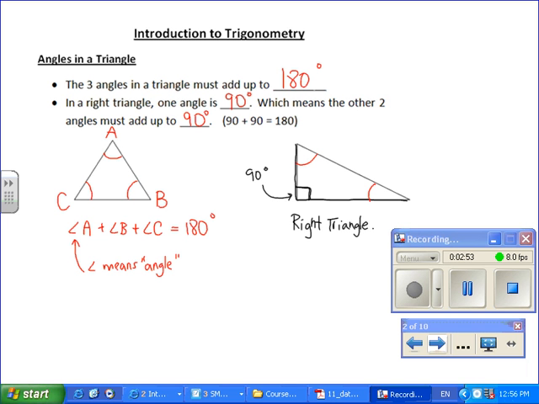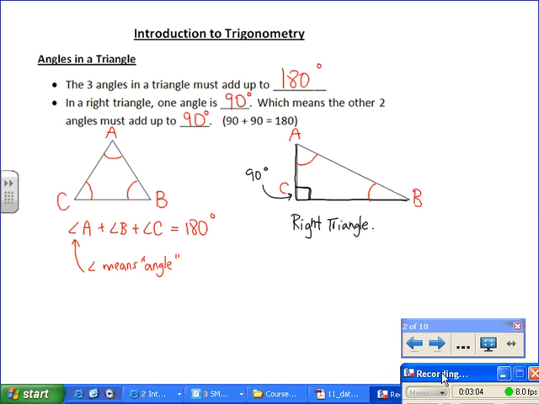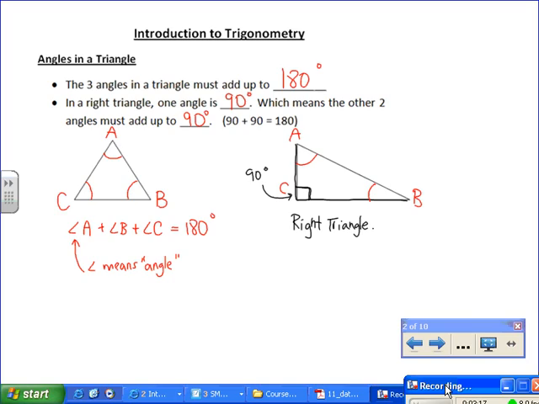Over here on my right triangle, let's call this also triangle ABC, where angle C is equal to 90 degrees. If I didn't know the value of angle A, but I knew B and I knew C, there are two ways that I could find the value of an unknown angle. The one rule that is always true is that all three of those angles have to equal 180 degrees.